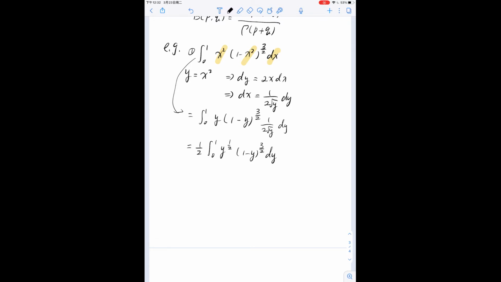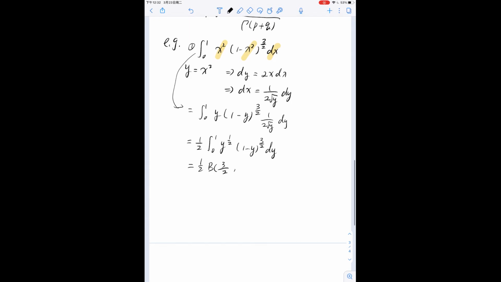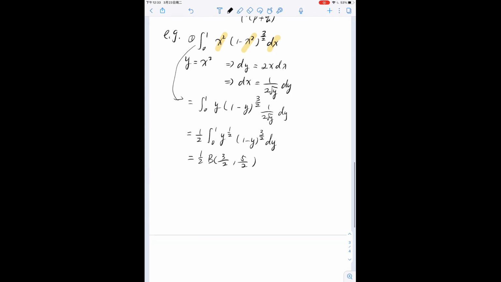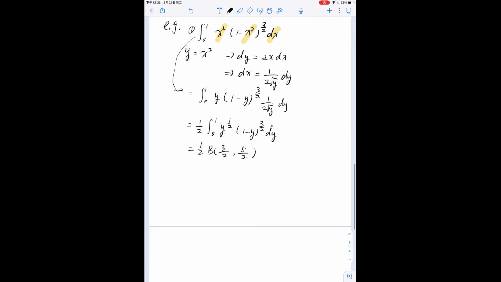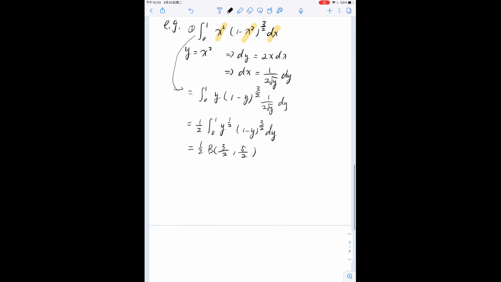This is the basic definition of the beta function, which equals 1 over 2 times beta of 3 over 2 and 5 over 2. And if we use its relationship with the gamma function, we can get a more explicit result.